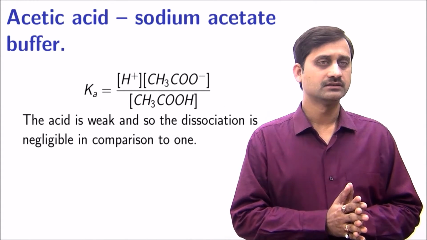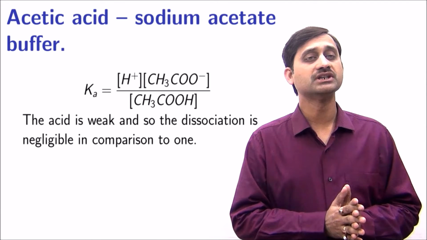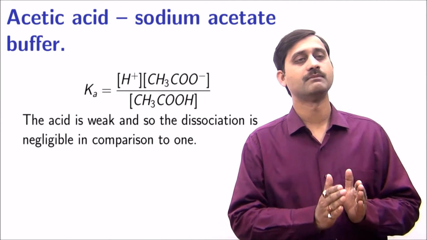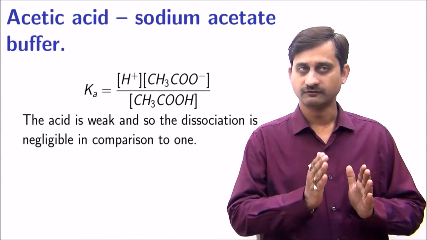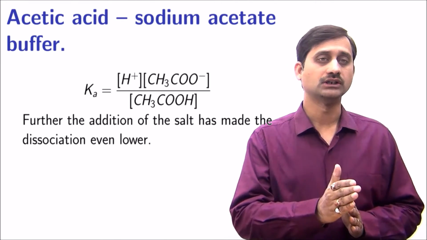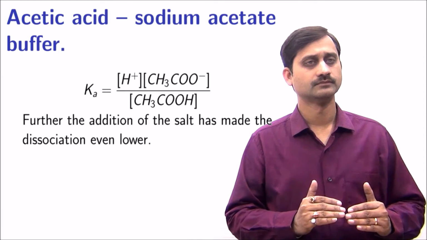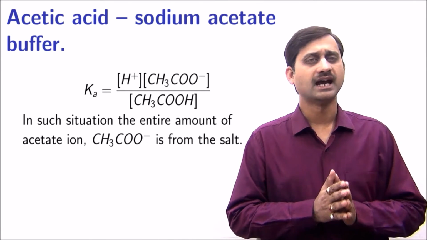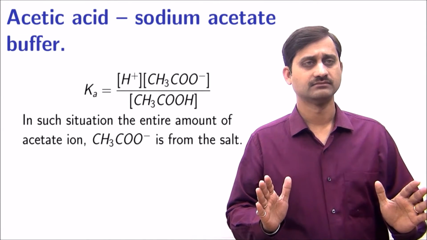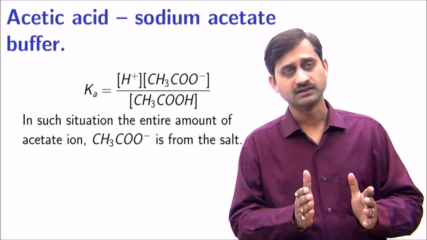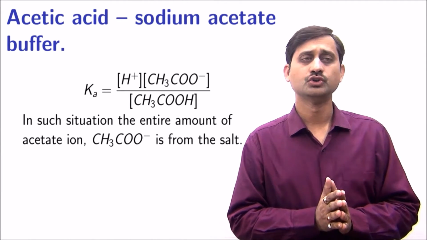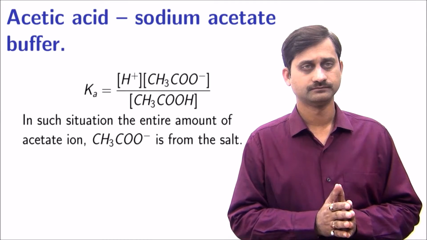The acid is weak and so the dissociation is negligible in comparison to 1. Further, the addition of the salt has made the dissociation even lower. In such a situation, the entire amount of acetate ion, that is CH3COO-, may be considered to be from the salt.